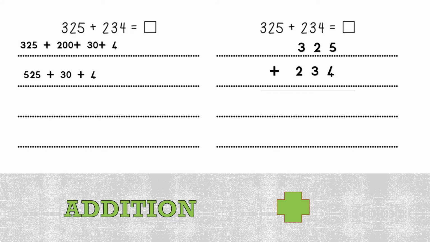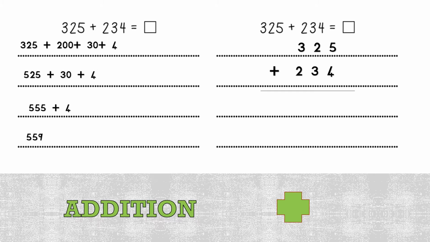But again, we mustn't leave our two friends at the back alone at the top. We bring them down to the bottom with us. Then we will say 525 plus 30, and that will give us 555. Then we bring our lost friend number 4 down, and that will give us an answer of 559.